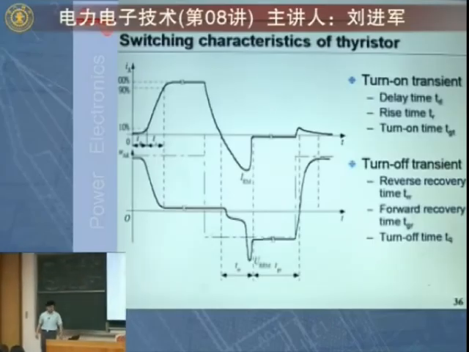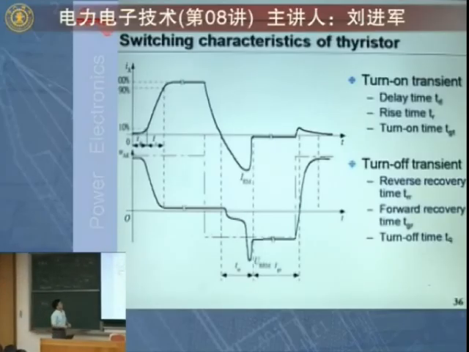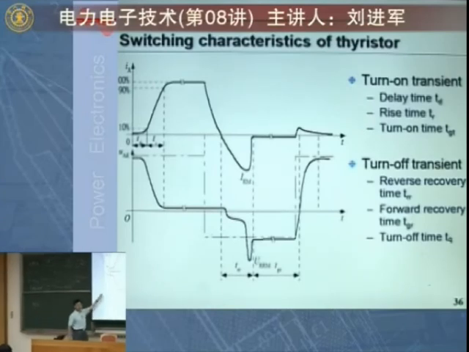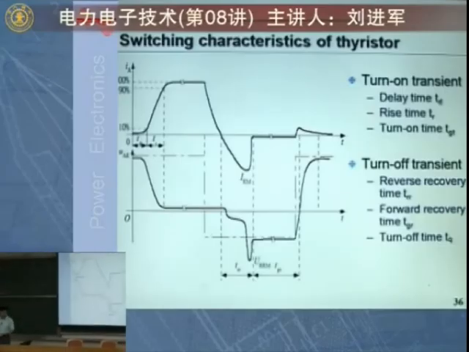Switching characteristics is a little more complicated. This is a picture showing the switching waveform of a thyristor. The upper side is the current flowing through the thyristor. The lower side waveform is the voltage across the thyristor.